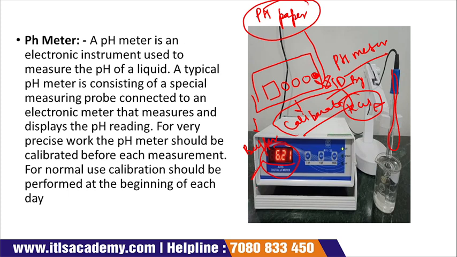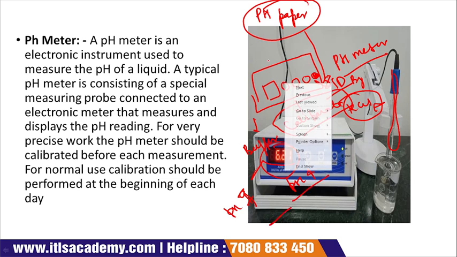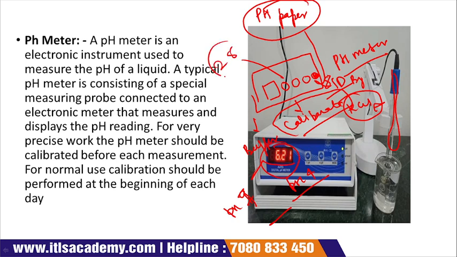There are two types of buffer present in our lab, that is pH 9 pH 7 and pH 4. First of all we have to set the temperature to 25 with the help of the temperature knob. Then we have to remove the electrode from the KCl and wash it with distilled water.